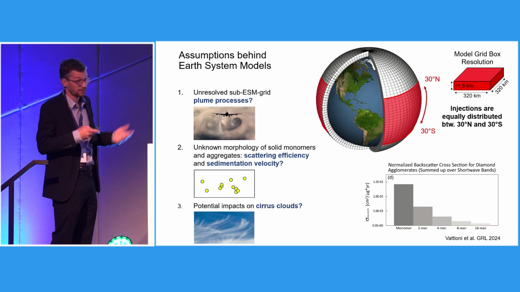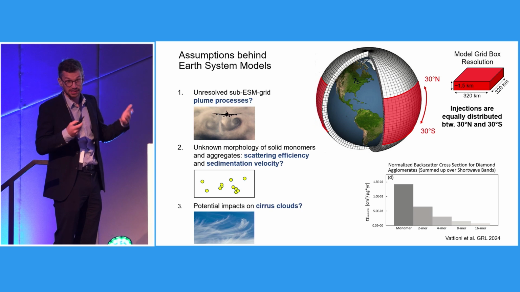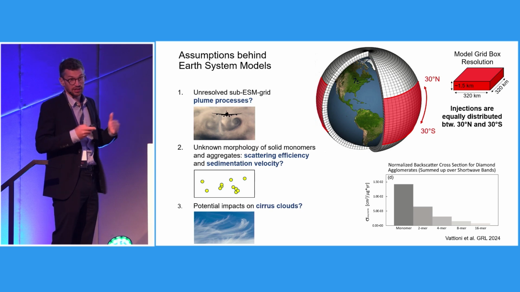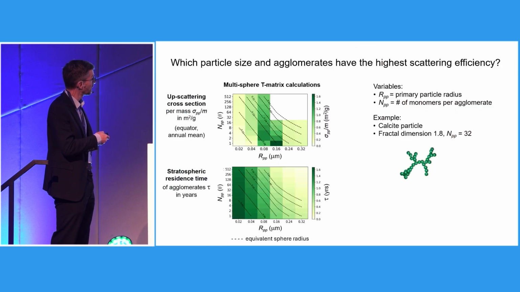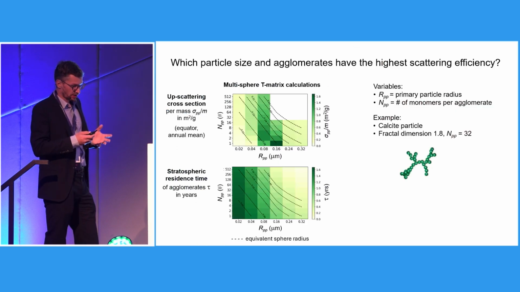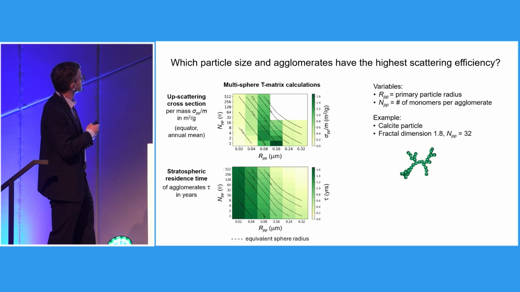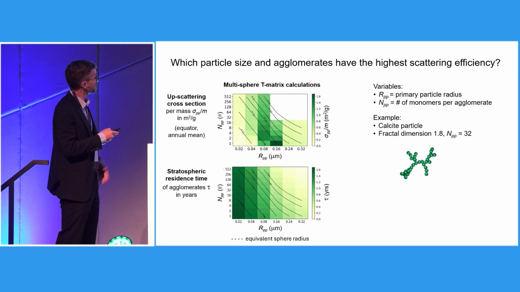Because cirrus clouds warm the climate, if you would form additional cirrus clouds, you would decrease the cooling efficiency of solid particles. And because the coagulation of these particles is so important, we looked at what would be the optimal size or the optimal agglomerate size with the highest scattering efficiency.